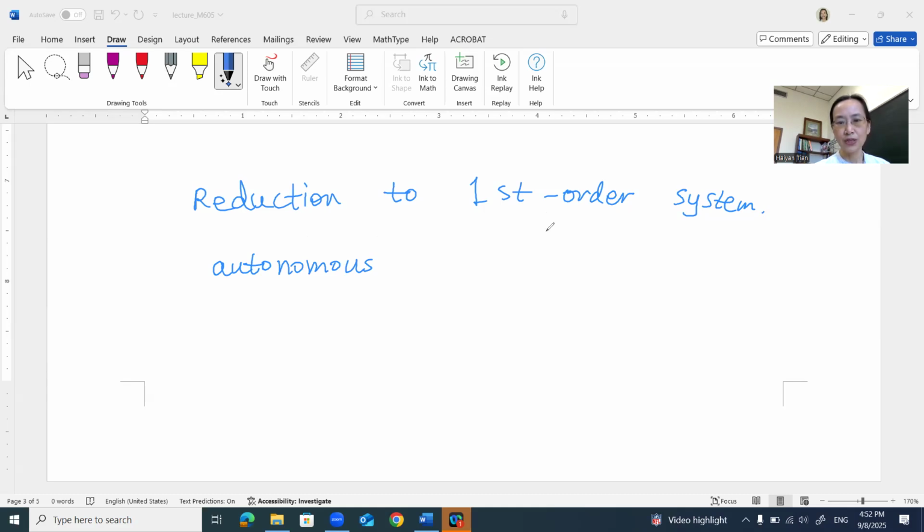We want to reduce it to first order. If it's not autonomous, we also want to get an autonomous first order system. So we will look at an example in the next short video.